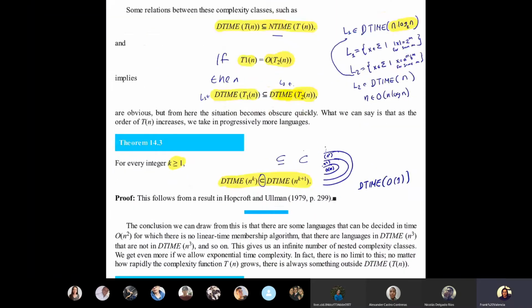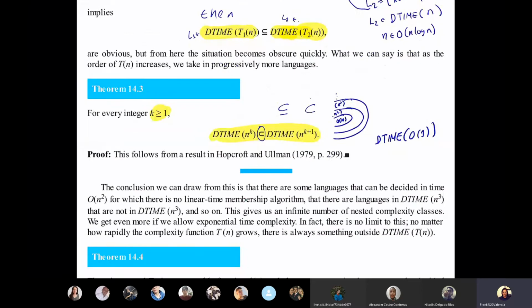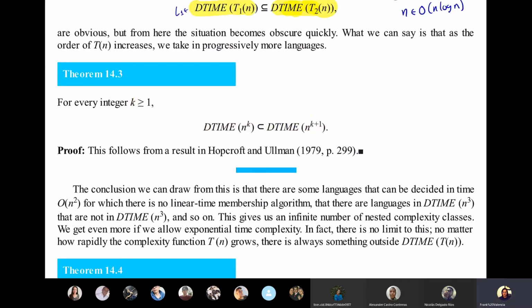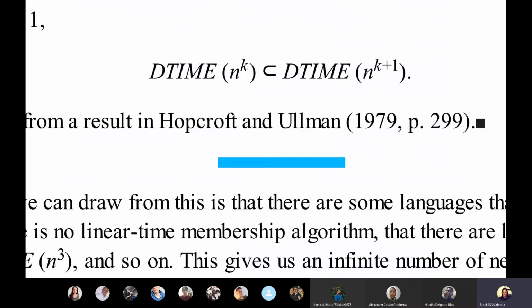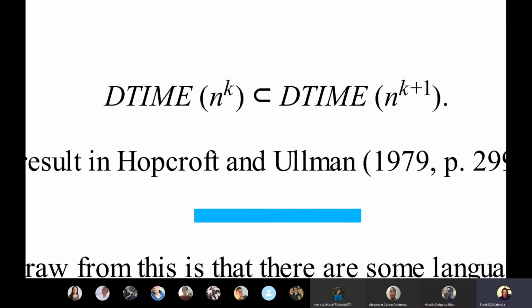Okay, this is more interesting and much more complicated to show. So look what it says here. Every problem that can be decided in n^k by a deterministic Turing machine, every language, can also be decided in deterministic time n^(k+1).